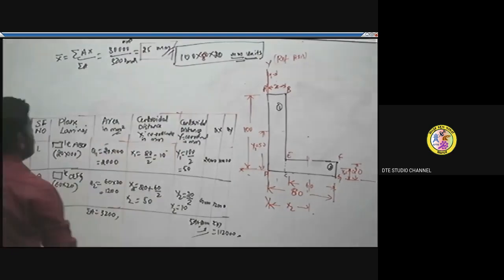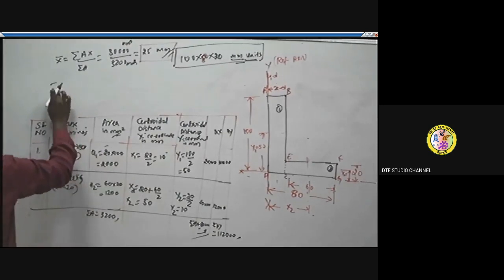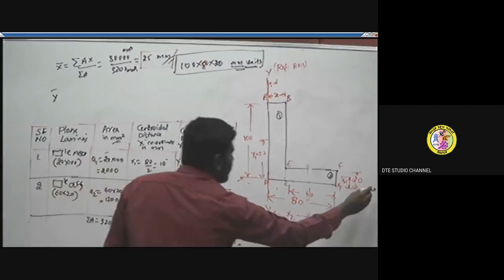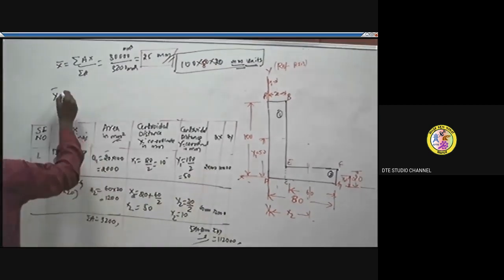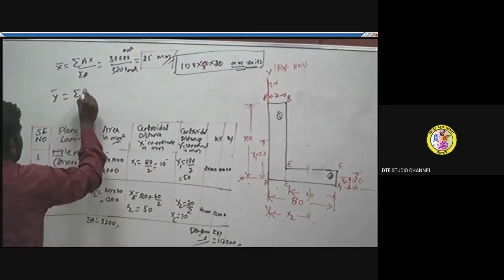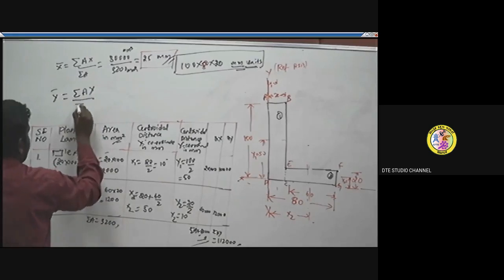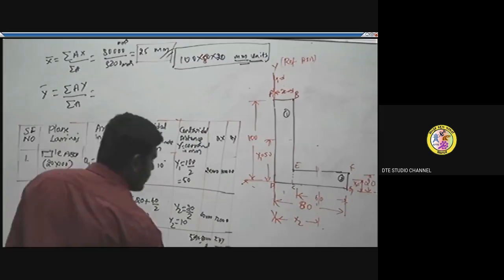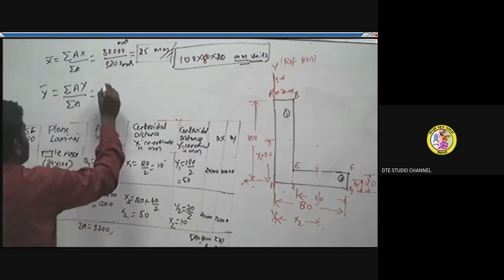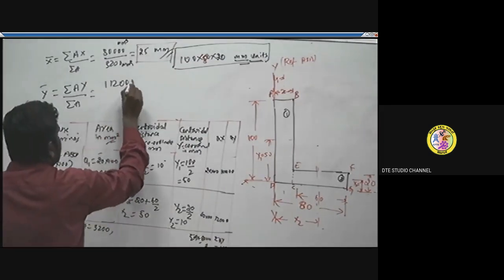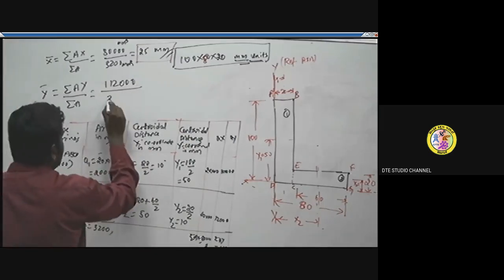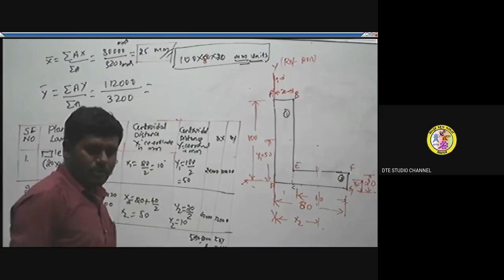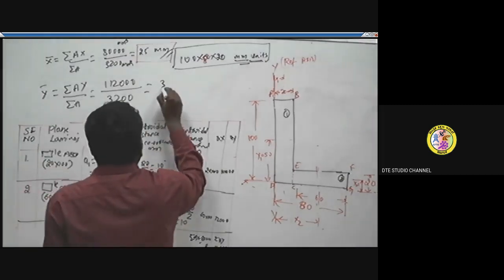In a similar form, we apply the same to the y coordinates with reference to the x-axis. With reference to the x-axis, y bar is given by the summation of area into y coordinate distances upon the total area. The sigma of Ay is given here as 1,12,000, upon the total area of 3,200. We will get a value of 35 mm.